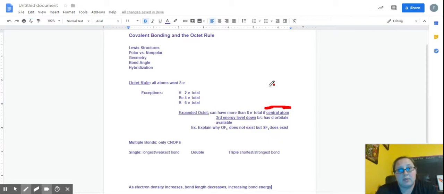It's able to be drawn. The reason why is that S is in the 3rd energy level, but oxygen is only in the 2nd energy level. S can have more than 8 electrons surrounding the central atom because it has an expanded octet, because it has d orbitals available. So that's what you're going to be talking about with your justifications dealing with expanded octets. And when you start drawing these in Lewis structure form, that'll make more sense to you.